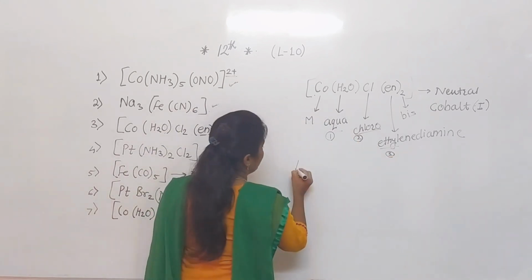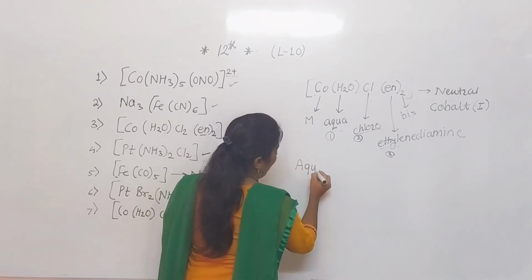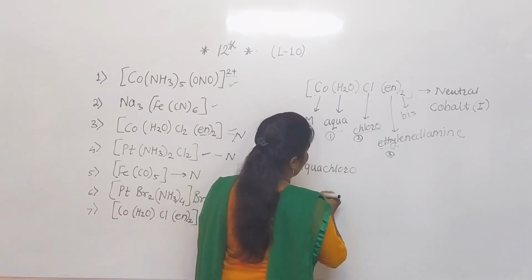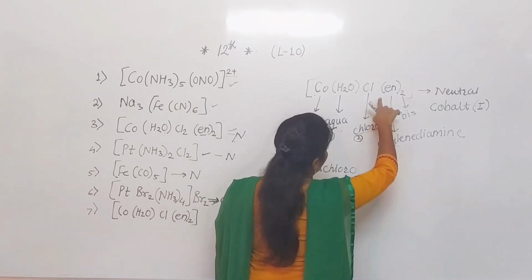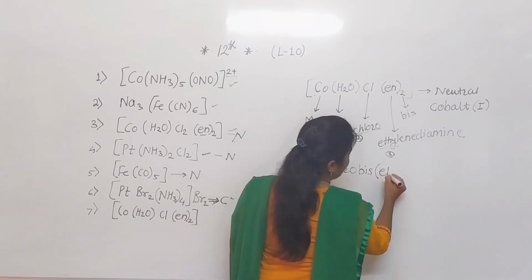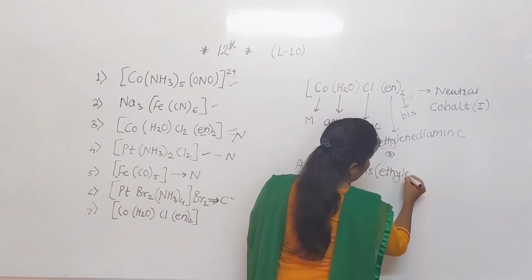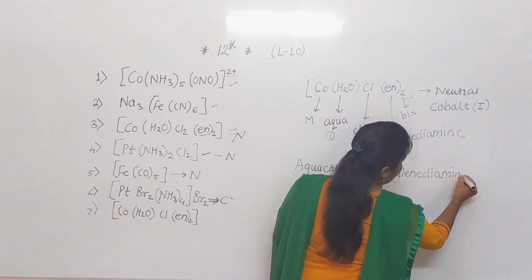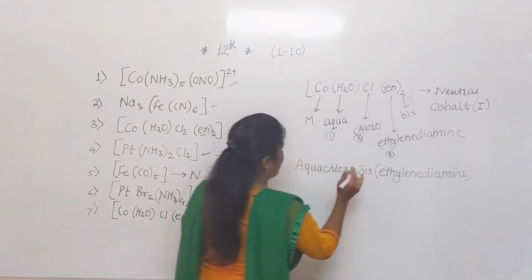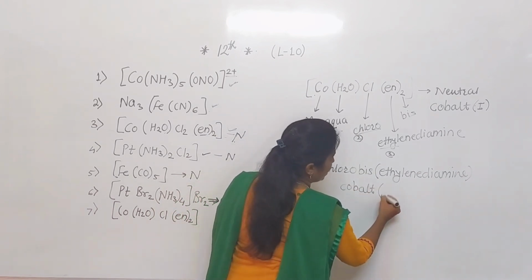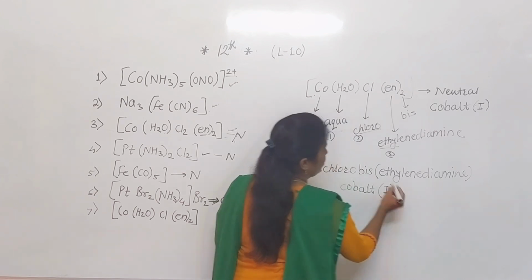So in this way we can write its name like that: aqua, chloro, after that bis, in round bracket ethylene diamine, and after the bracket we have to write cobalt, and in bracket its oxidation number, plus 1.